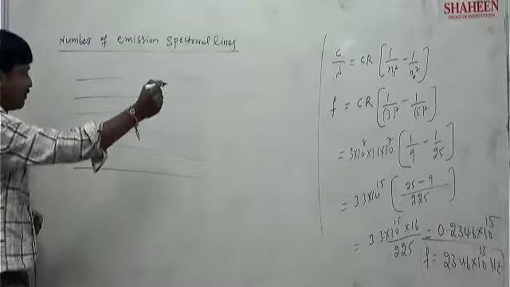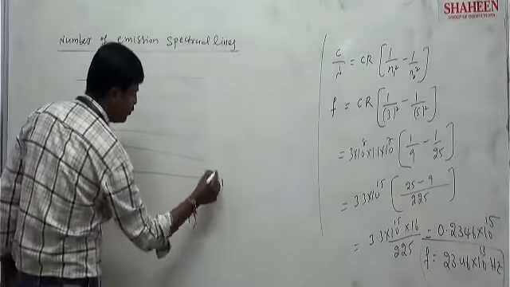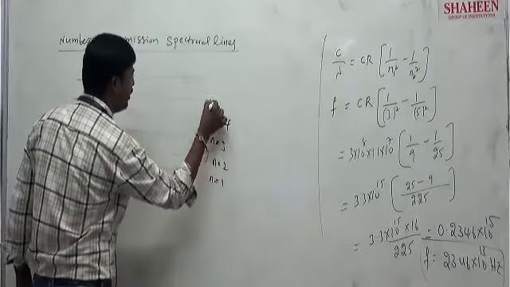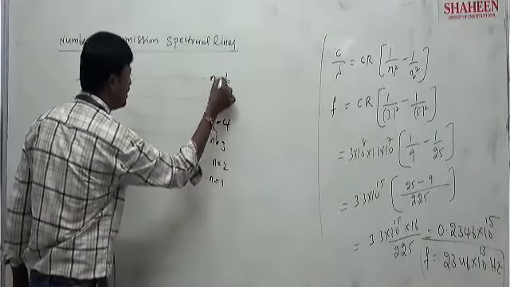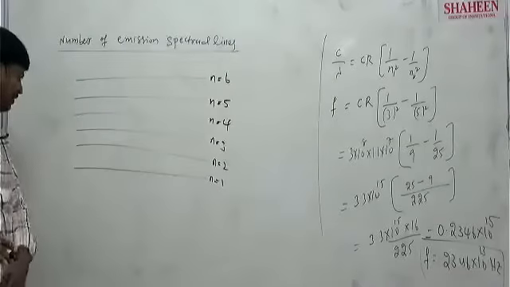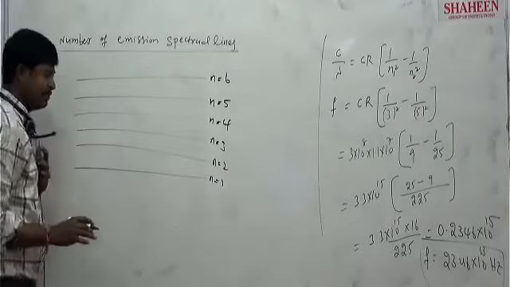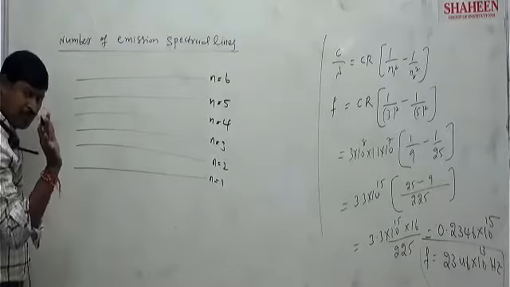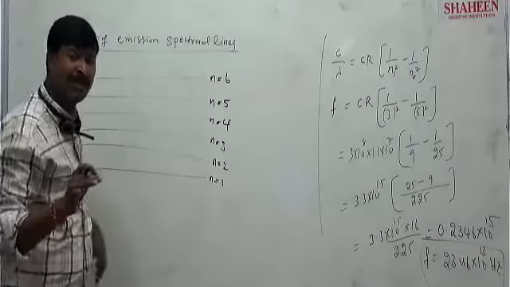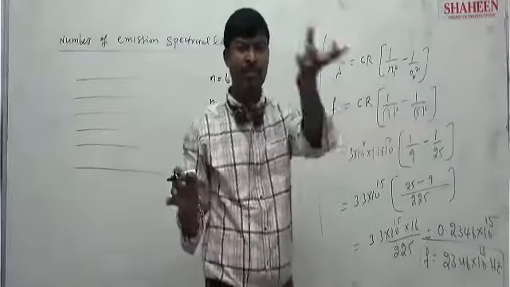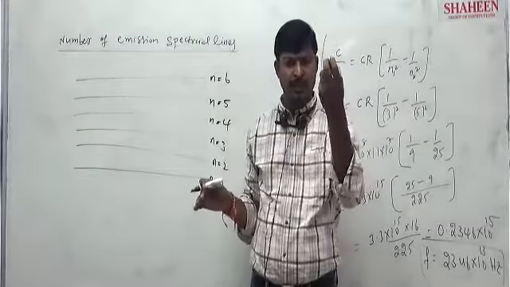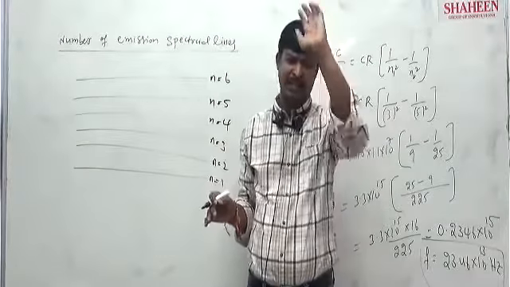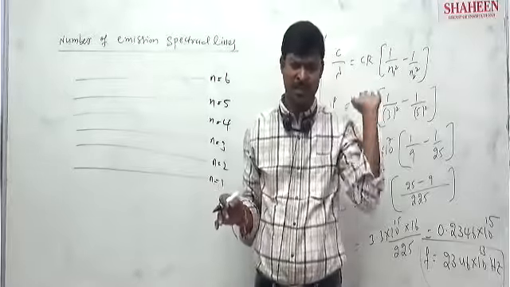All right. So this is n equal to 1, n equal to 2, n equal to 3, n equal to 4, n equal to 5, n equal to 6 energy states, energy levels. So let us consider electron make transition, absorption spectrum. What is absorption spectrum? Whenever you supply energy, electron will absorb that particular energy and it will jump to a higher energy state, or be excited to a higher energy state.